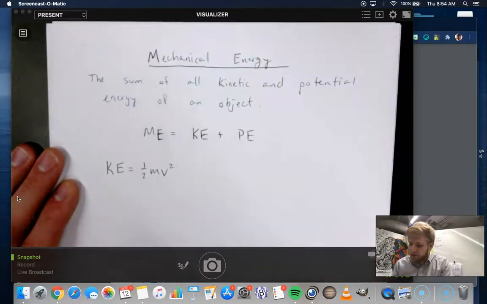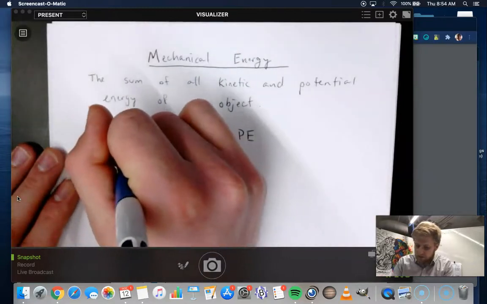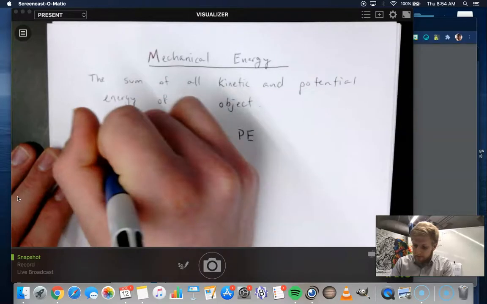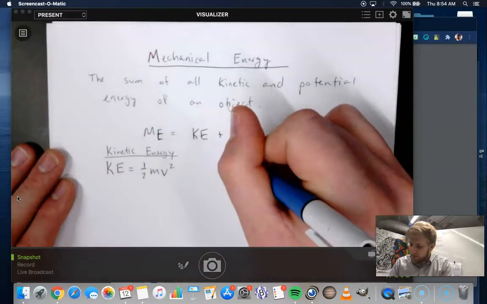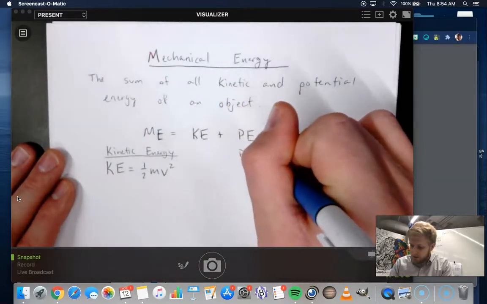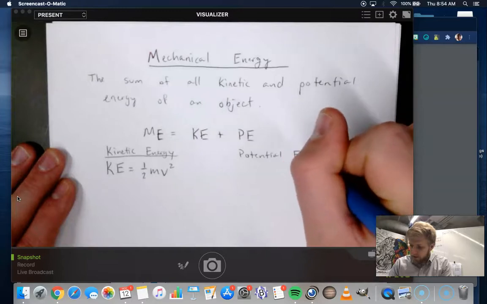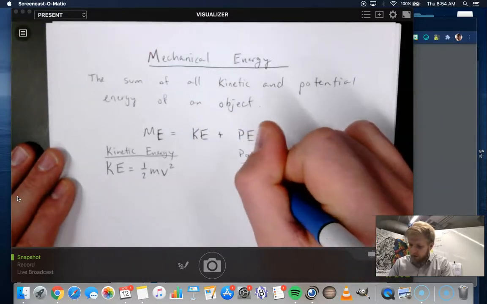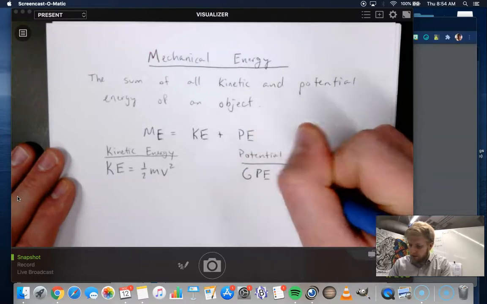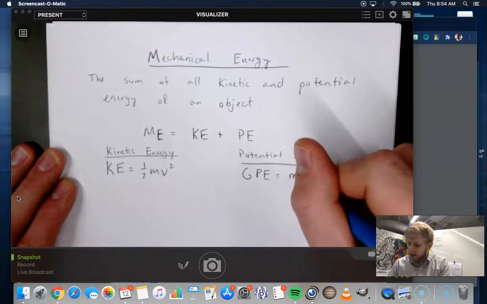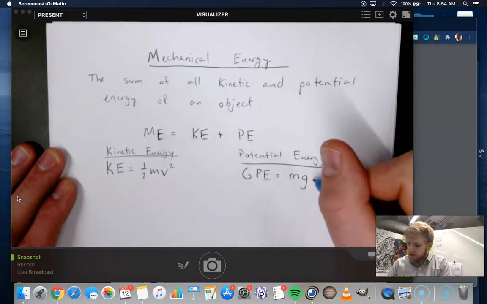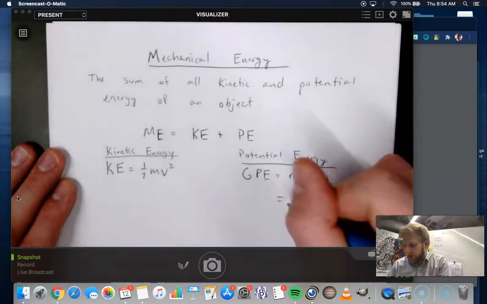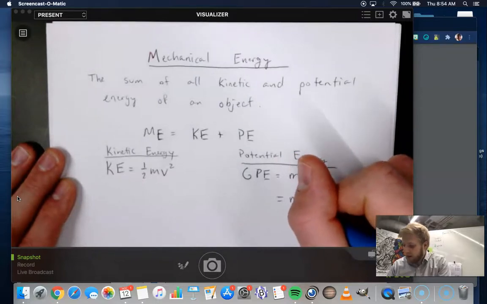And then there are several types of potential energy. So this is kinetic energy. One of them is called GPE, for gravitational potential energy, and that is mg delta y, though I tend to see this written as mgh.